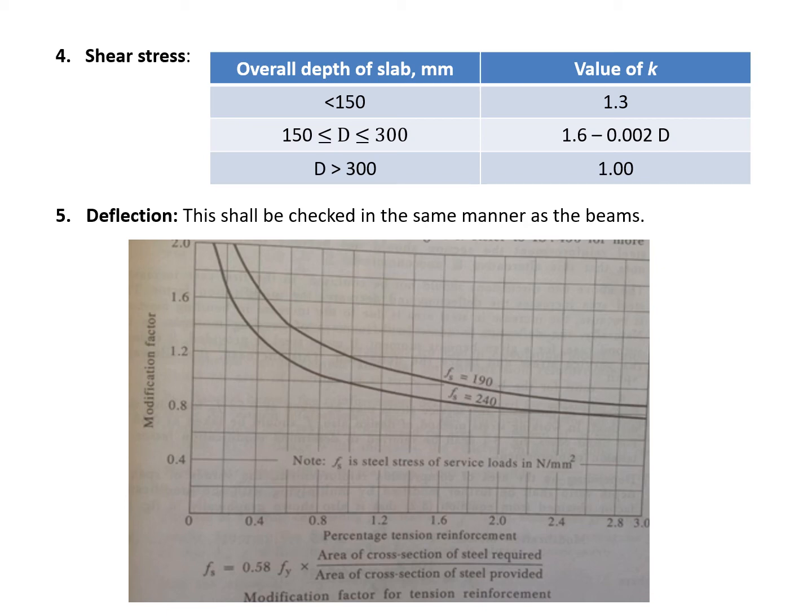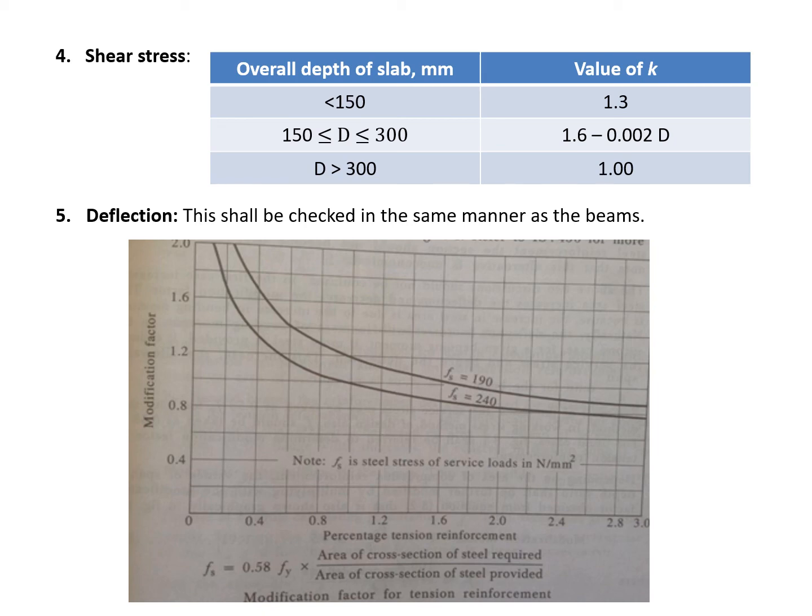Let's say for simply supported beams, span to depth ratio is 20. But then suppose you get modification factor 1.2, then it will be 20 into 1.2, that is 24. And on the x-axis, there is Fs, and Fs is given by this formula, which is 0.58 Fy multiplied by area of cross section of steel required over area of cross section of steel provided. See, you require something, you provide slightly more.